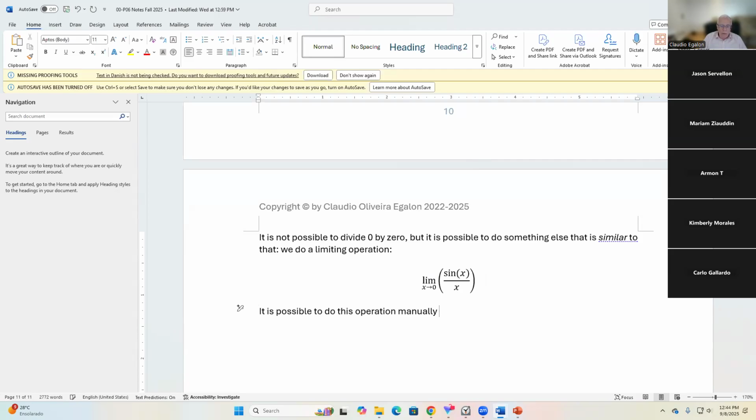You start, for instance, with x equal to 1, substitute in the above equation, get a result, and repeat for x equal to half, right? Then for x equal to 0.25, okay?